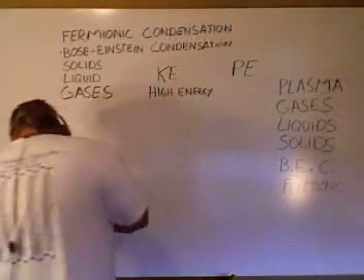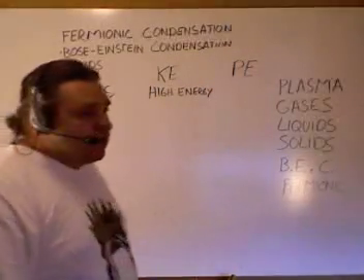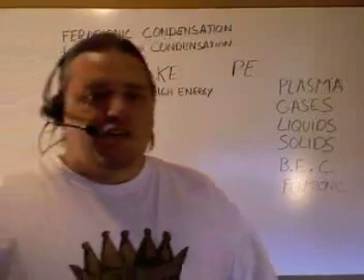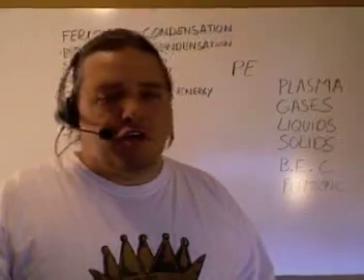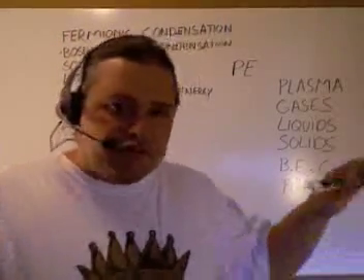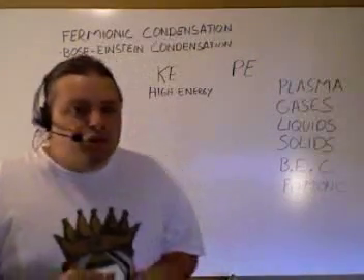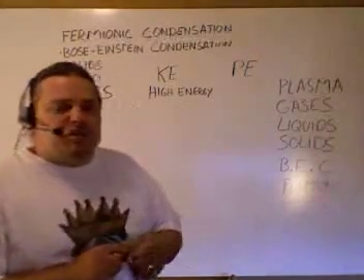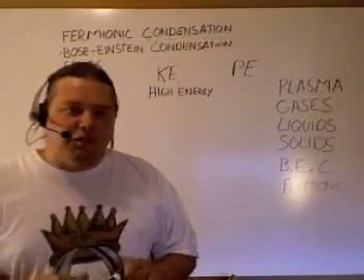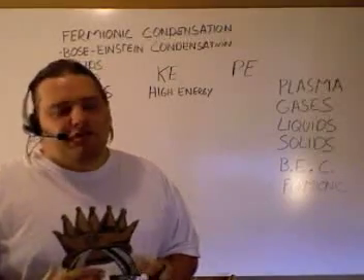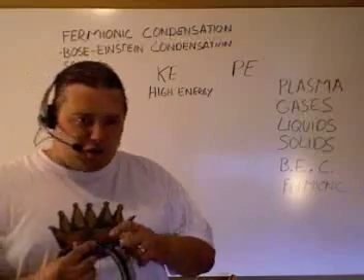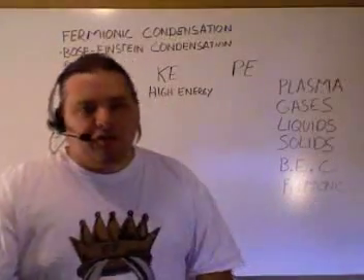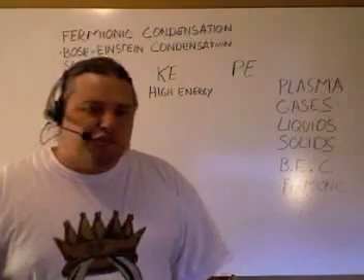So with plasma, there's a tremendous amount of high kinetic energy. The temperatures associated with particles in the state of plasma are really, really high. That's why some people are talking about the next generation of artillery as being a plasma-based weapon.